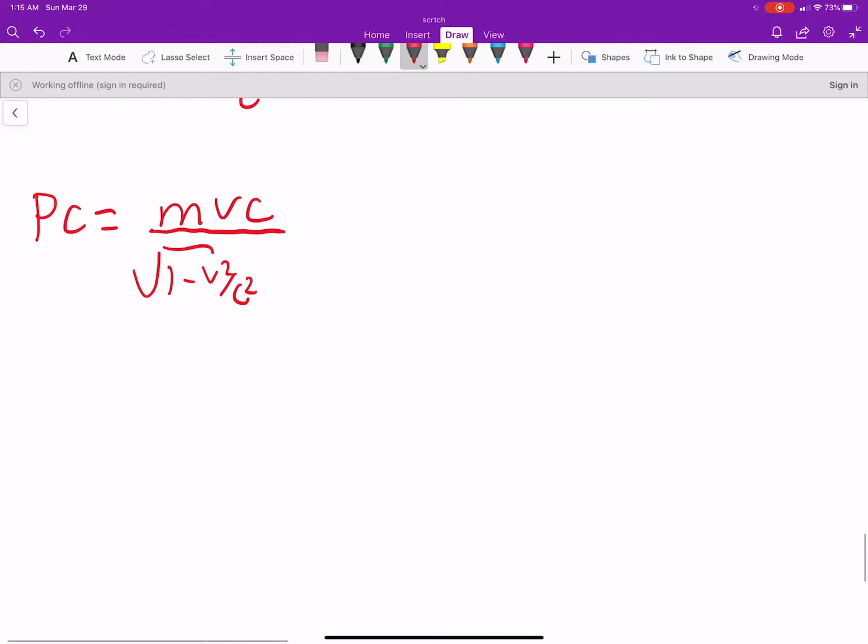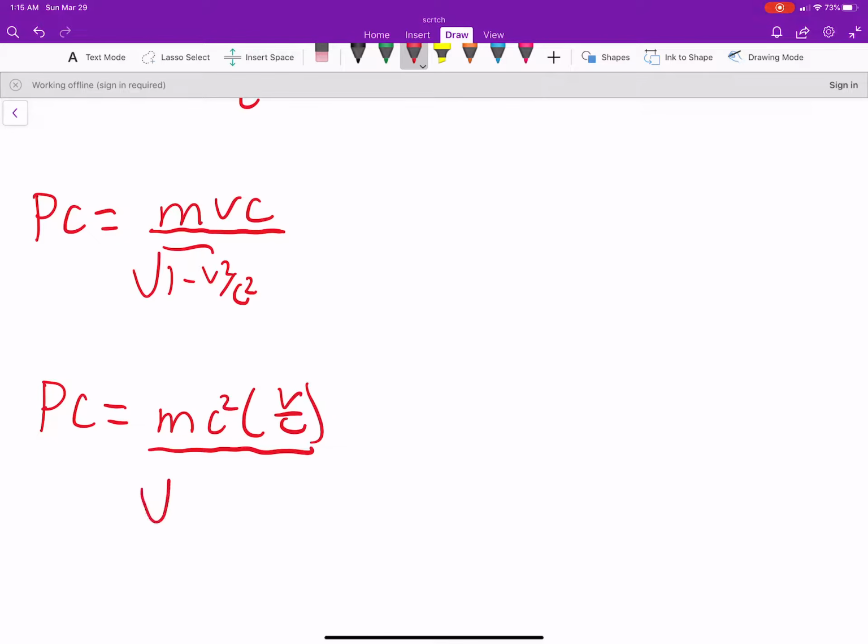Now I'm going to say pc equals mc squared times v over c, all over the square root of 1 minus v squared over c squared. It's still the same. If you were to simplify this, this would drop, and you'd be left with cv. It just looks a little different.